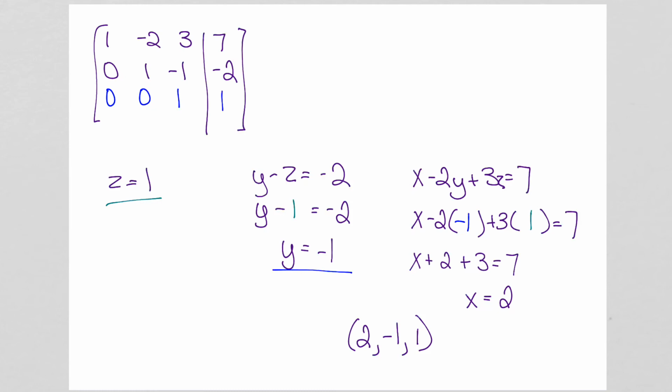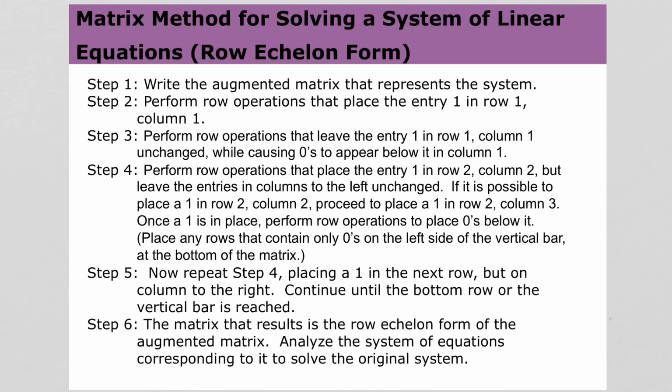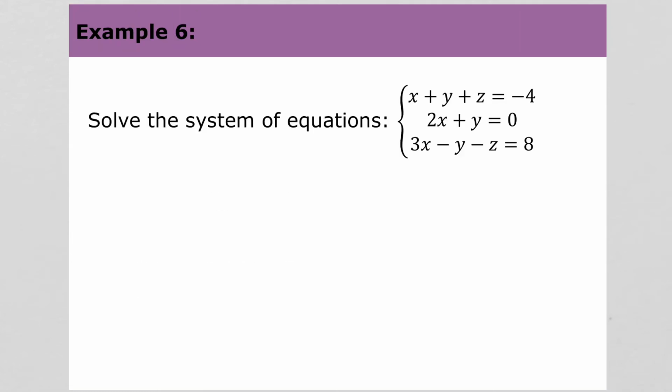So we have finished our first system of equations solved with matrices. So let's go on and do another. And basically those are the steps which we're going through in examples.